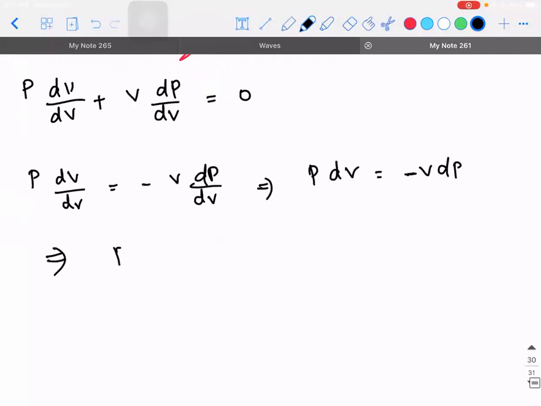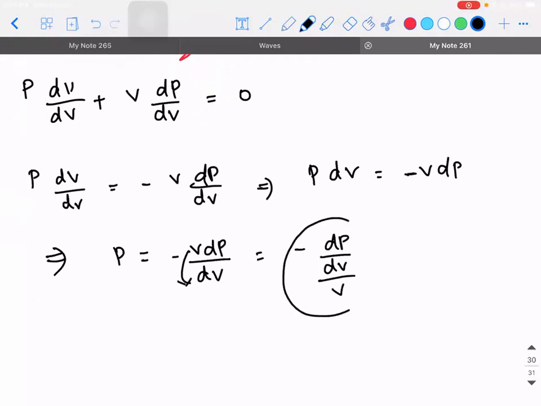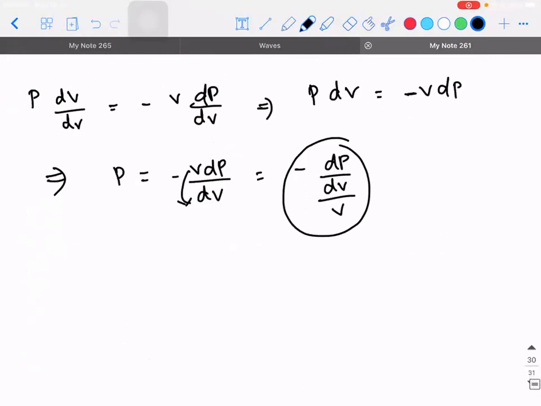Now comes an important point. If I write it as P is equal to minus V dP divided by dV, this V comes to the denominator, it will become minus dP divided by dV by V. What is this whole thing, guys? Bulk modulus, sir. That is what is bulk modulus, right? But according to this derivation, bulk modulus is equal to what value? P stands for pressure. So according to Newton, the bulk modulus is exactly equal to the pressure.